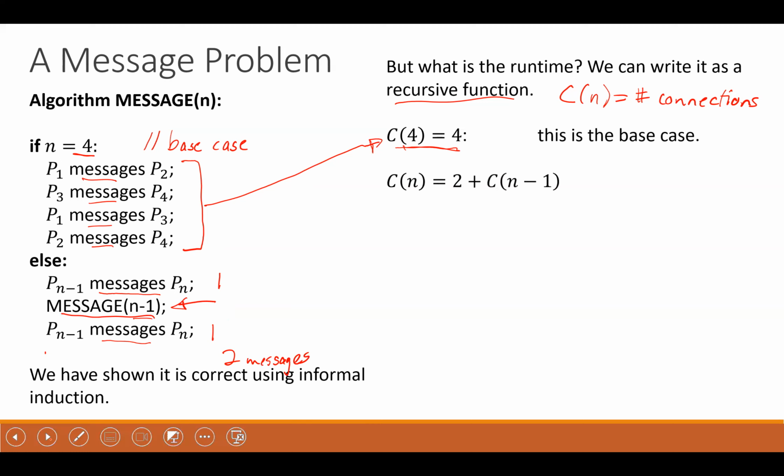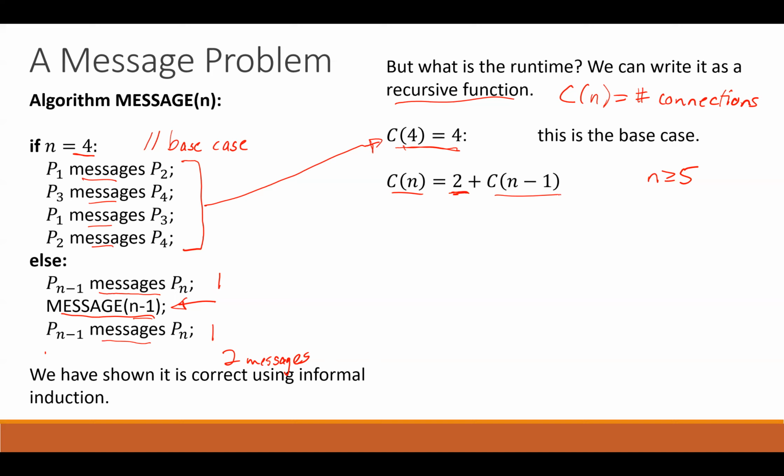So when I write that recursively, on an input of n, I make 2 calls, if this is for n greater than or equal to 5. I make 2 messages, and then I make 1 recursive call on a problem size of n-1.